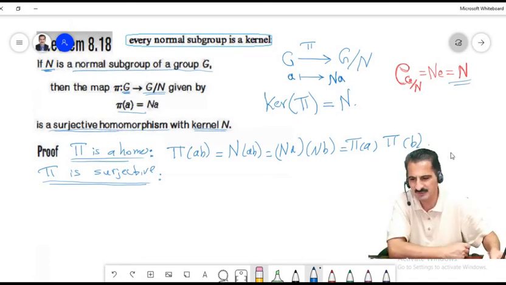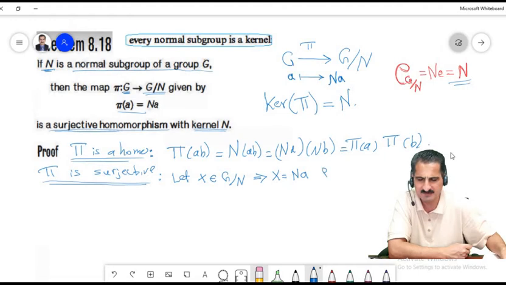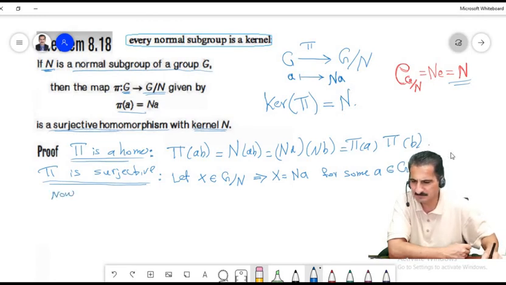So let me write that. Let x be an element in the group in the domain. That means x is some coset, for some a belonging to G. Now π(a) is aN, and it is x.